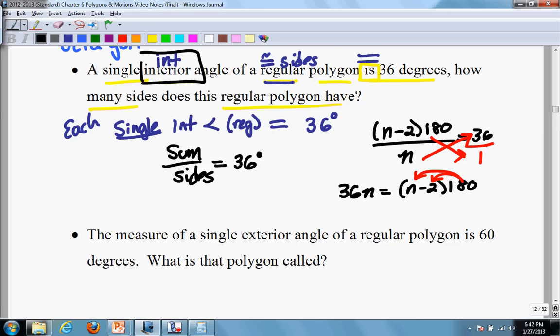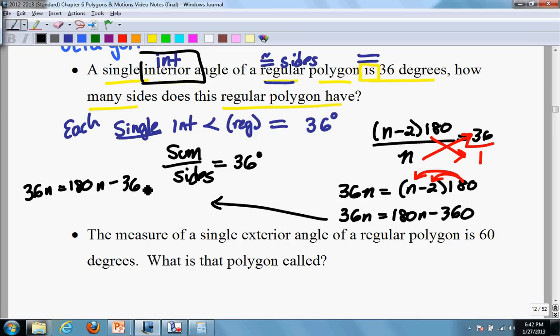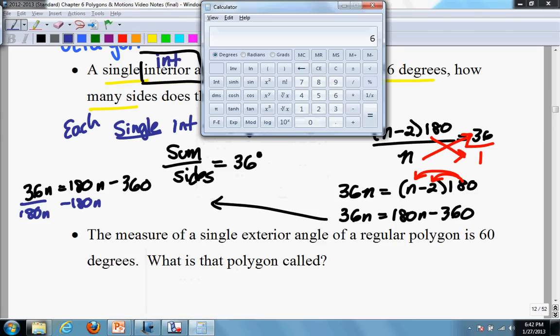So we're going to subtract 180n. And here we have 36 minus 180, of course, is 144. So I end up with 144n equals 360.